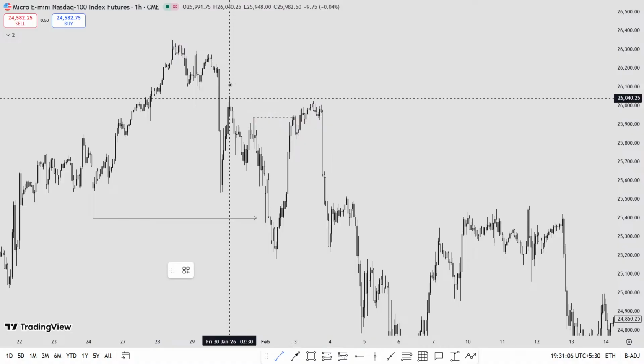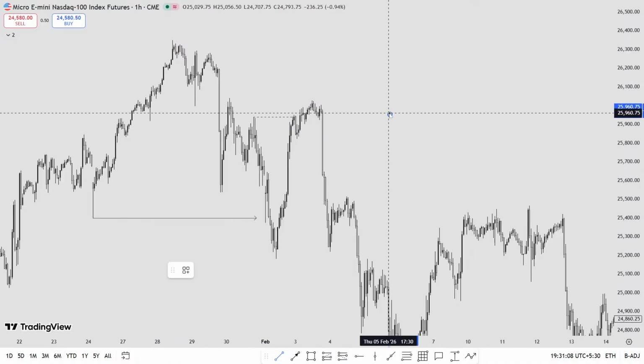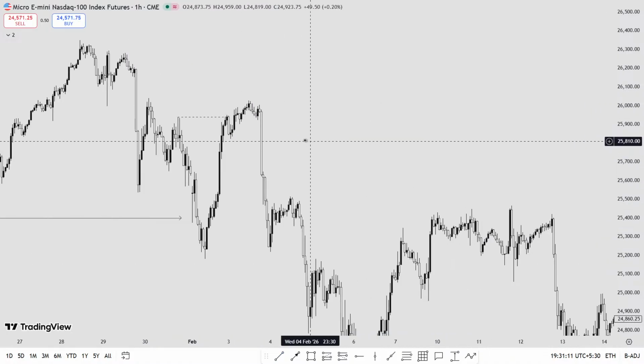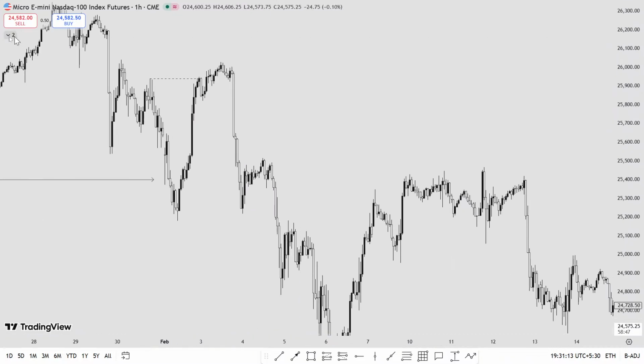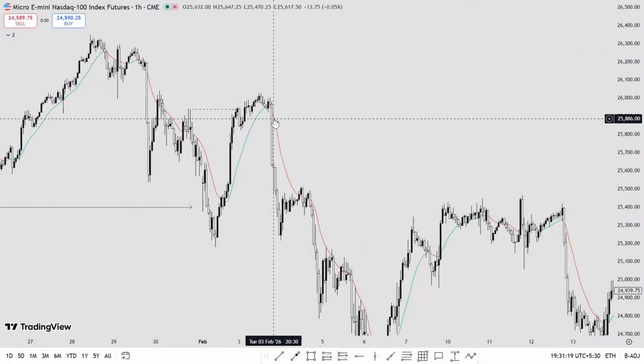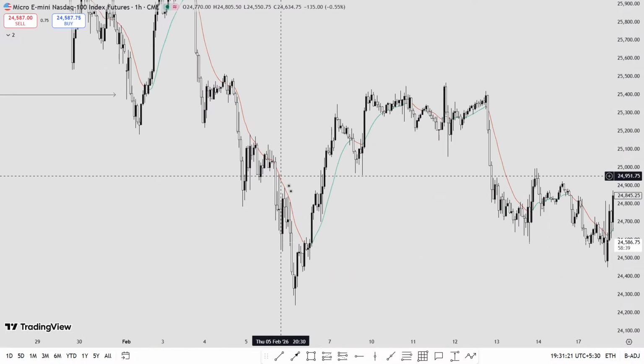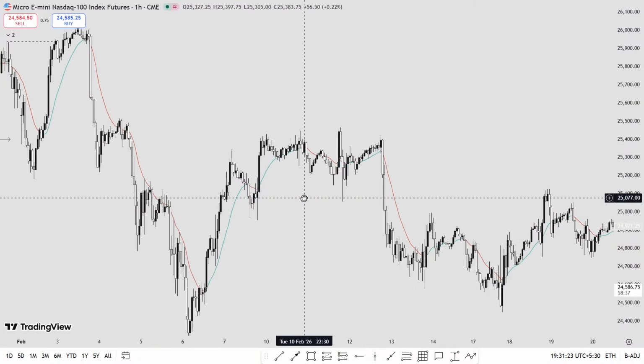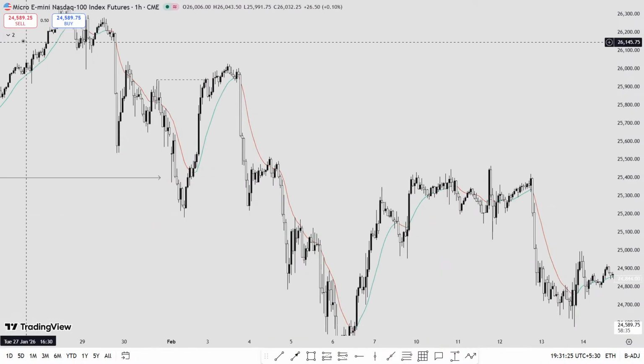Market took this liquidity, and after taking it the market went downside. And if I use this indicator over there, it gives really good accuracy. As you can see, it gives really good accuracy to take trades. How perfect it looks. So we're going to use it.